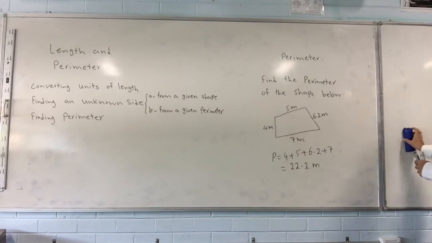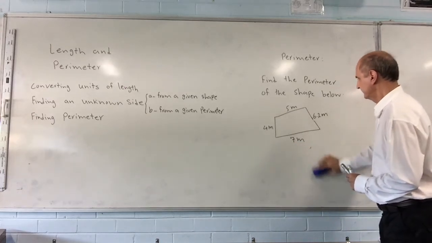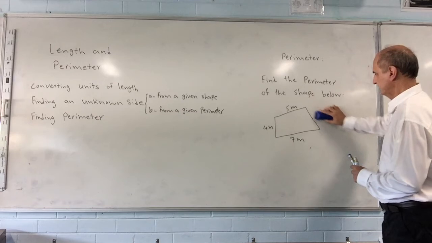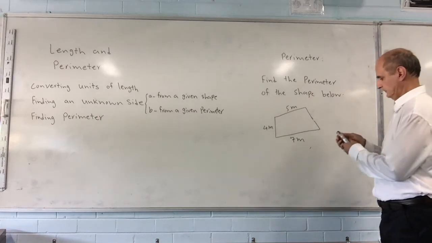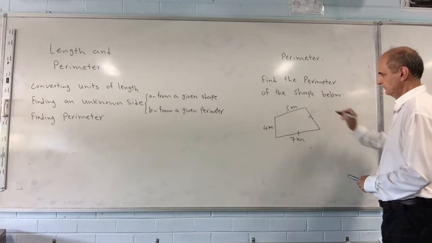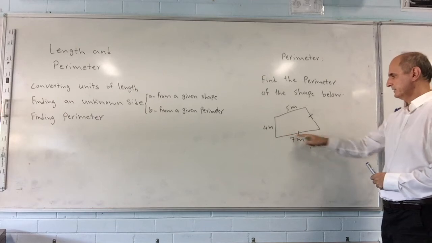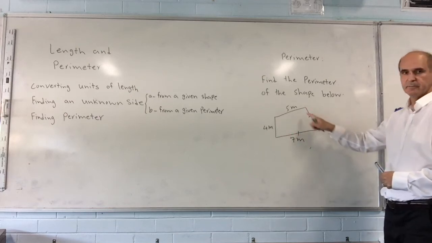The other thing is, if I had something like this, these small lines here and here mean that this side and this side are the same length.